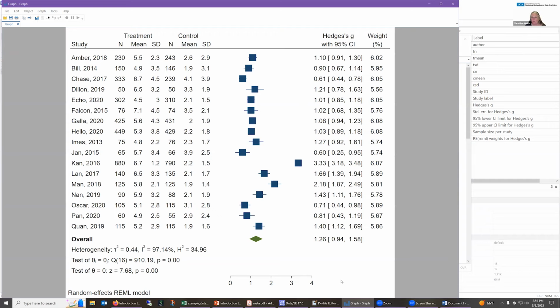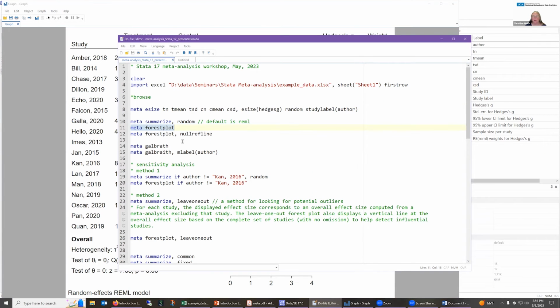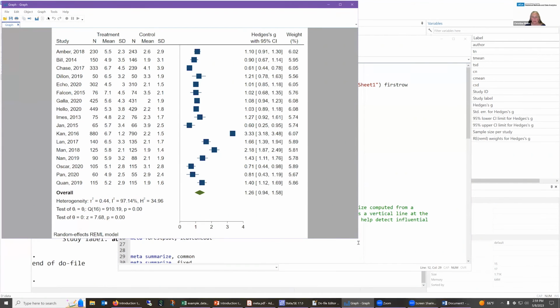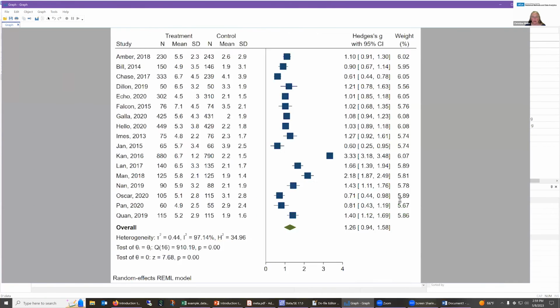I did not have much time in this presentation to put in most of the great options that are available, but I did throw this one in here. If we do this, it looks exactly like the last one, but this null ref line puts a reference line at 0. You may wish to do this.